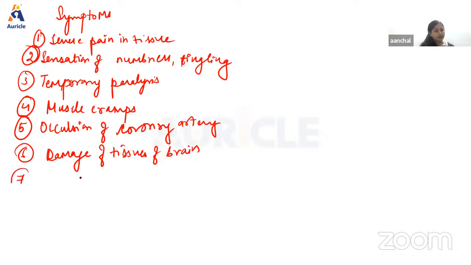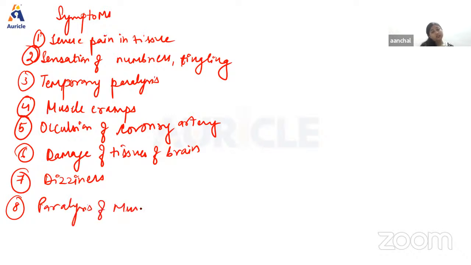Then dizziness is there, paralysis of muscles, shortness of breath. So various signs and symptoms are there that will be shown by the person who is suffering from this disease.